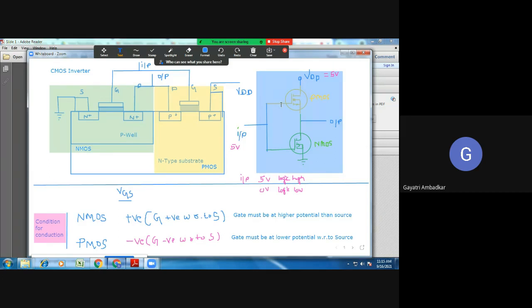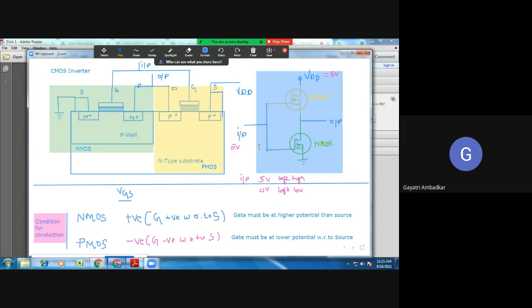So potential difference is 0, and it will remain off. So when I applied input logic 1, PMOS was off and the other MOSFET was on. Then I will draw the equivalent circuit.